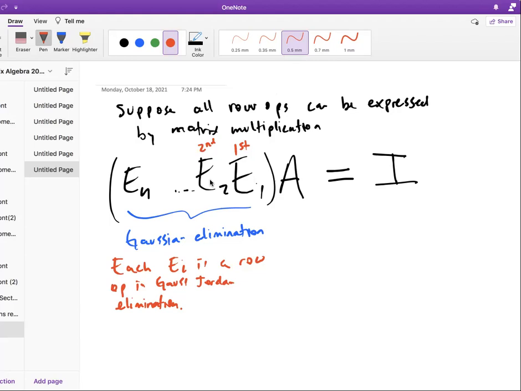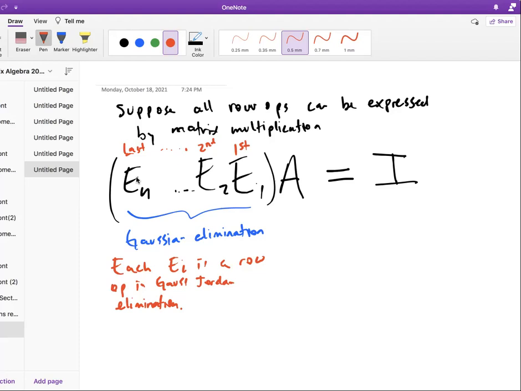Maybe you want to delete some of the entries in the first column, and then the last operation, you finish deleting some entry and you get the identity back. Yes, no? Okay.